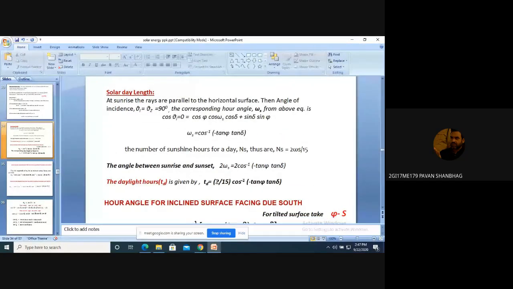Sir, please go a bit slow, sir. Okay, right. I thought last class we have solved such problems, so I can go fast. Okay, I will reduce my speed. We are noting down the problem, sir.